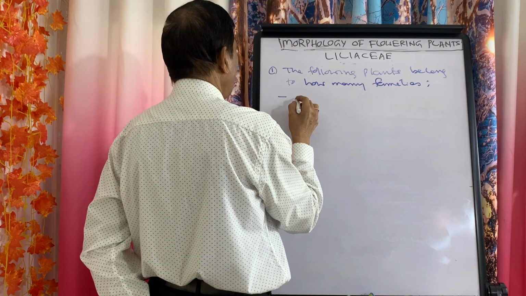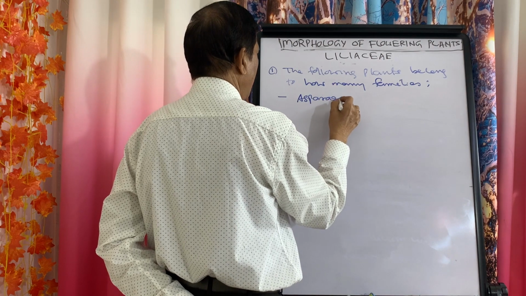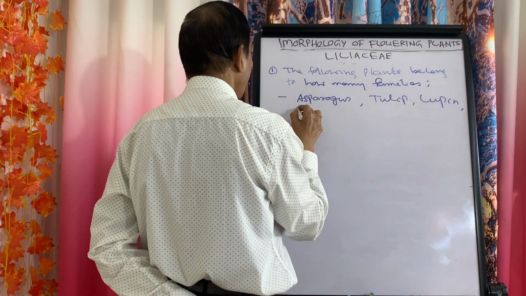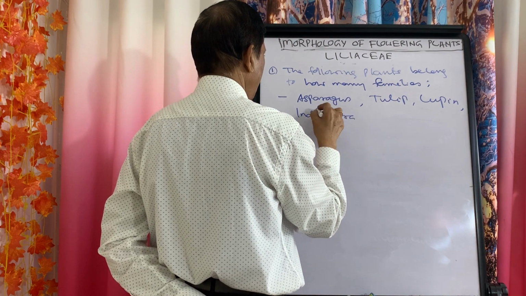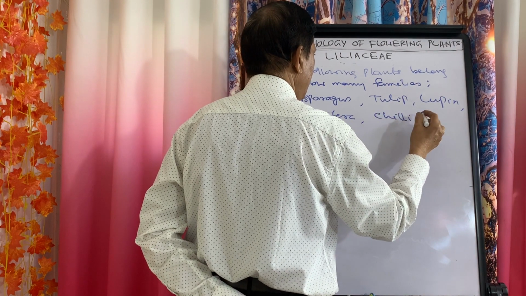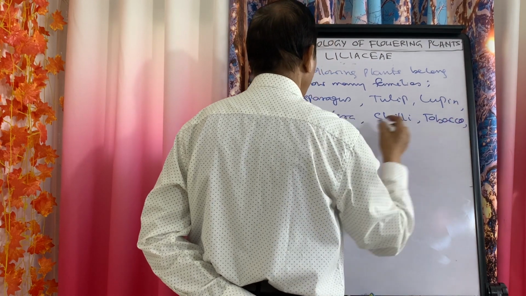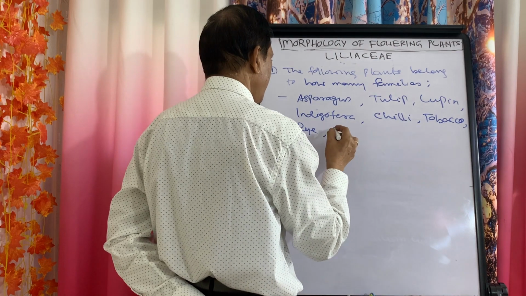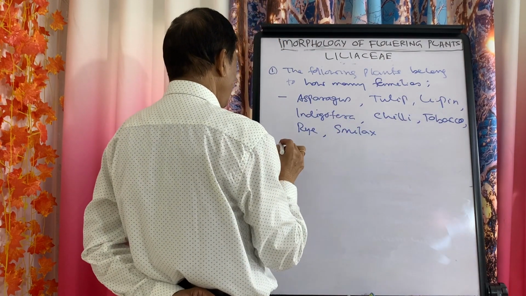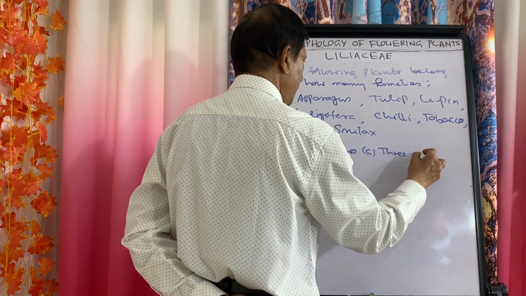The different plants are asparagus, tulip, lupin, indigofera, chili, tobacco, rye, smilax. 1, 2, 3, and 4.